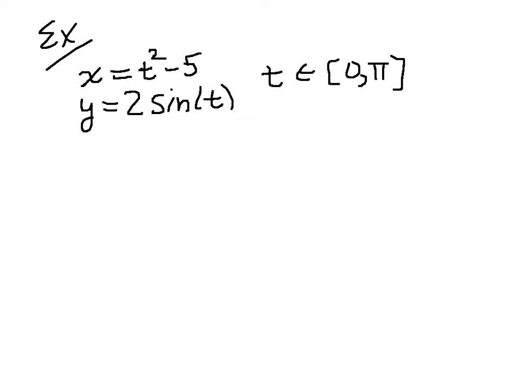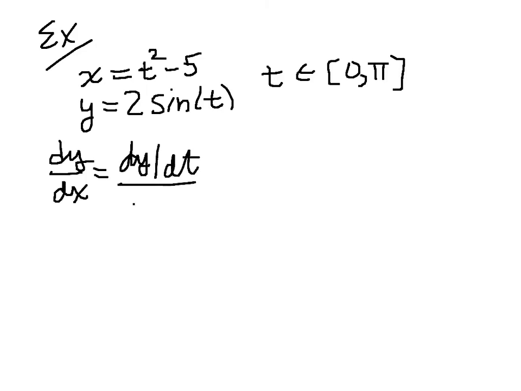Okay, so let's take a look at this example where we have x and y defined as you see. T is between 0 and pi. We don't really care what the graph of this looks like right now. So if we want to find dy dx, well, that's simply going to be dy dt over dx dt.